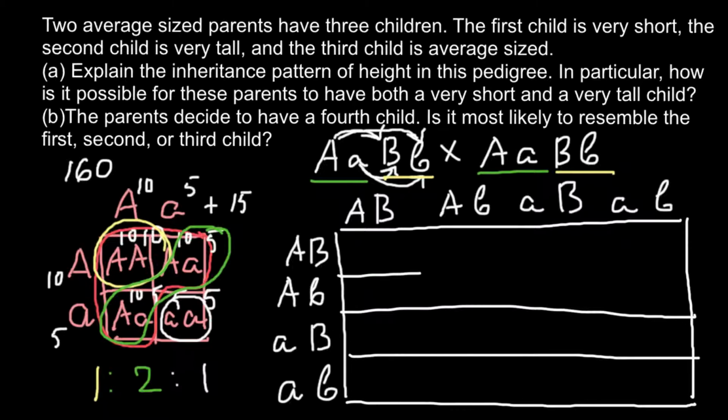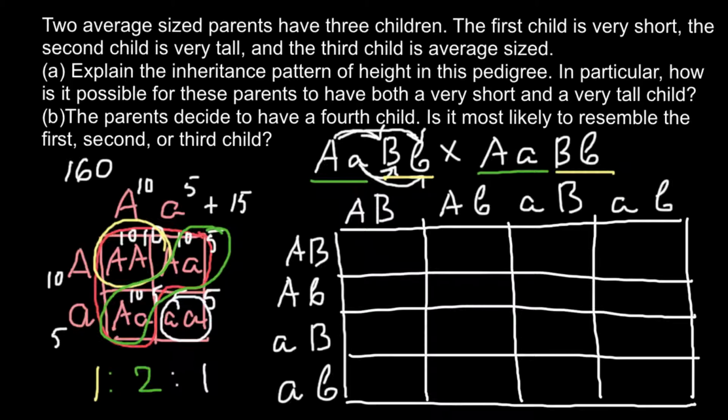And now we can list all the possible genotypes, and of course the genotypes here would be diploid. So this is haploid, and here we would have a diploid organism.